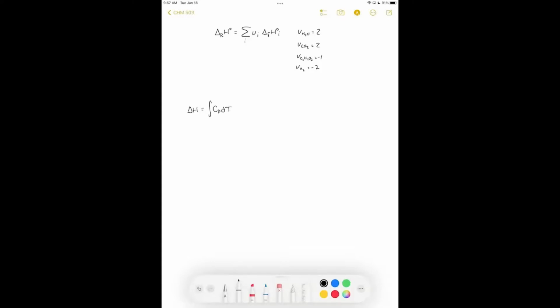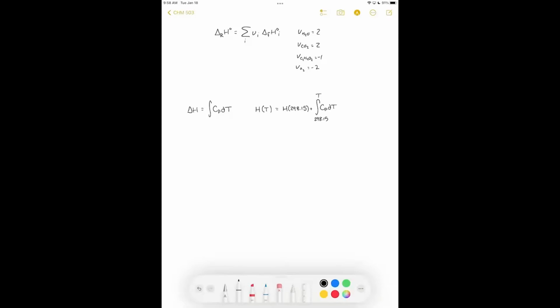So if we knew our enthalpy at 298.15, we could say, well, what's the enthalpy at some different temperature? And what we'll do is say that the enthalpy at some different temperature is equal to the enthalpy at 298.15 plus the integral of Cp dT from 298.15 to whatever new temperature we are trying to get at.